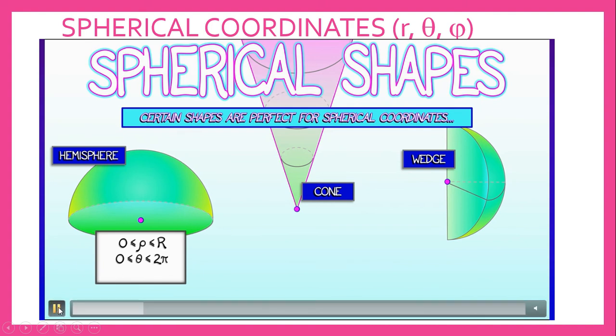For the hemisphere, the radius varies from 0 to r for making this shape. The radius varies from 0 to r, and phi, which is the central angle, varies from 0 to 2 pi, a full circle. Since it's a hemisphere, theta will vary from 0 to pi by 2. See, between these two, the angle varies from 0 to pi by 2.